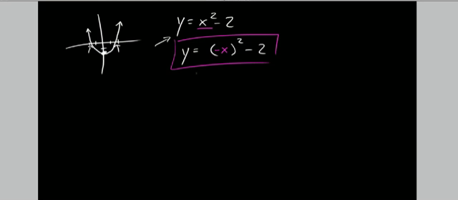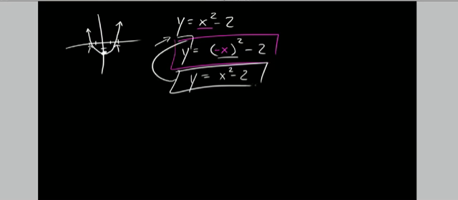So it would be fair to say that this would result in y equals a positive x squared minus 2. And you'll notice that this ended up the same exact equation as what we started with. Essentially what we're saying is this: no matter if you plug in a negative x value or a positive x value, you should result in the same y value. That's like saying if we plugged in negative 2 here, we should get a positive 2 for y, but a positive 2 here, you get a positive 2 for y regardless.